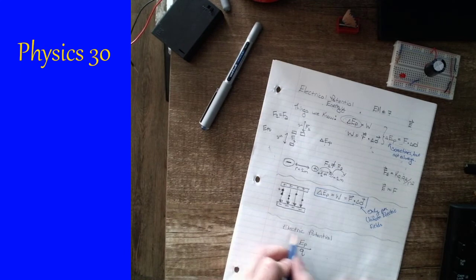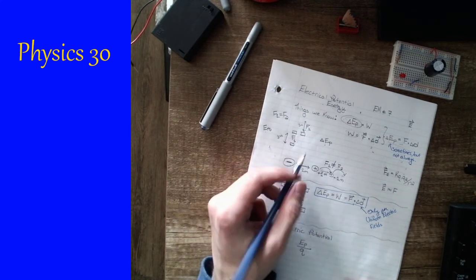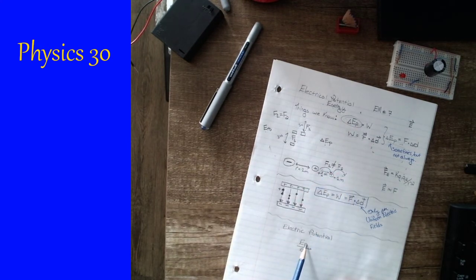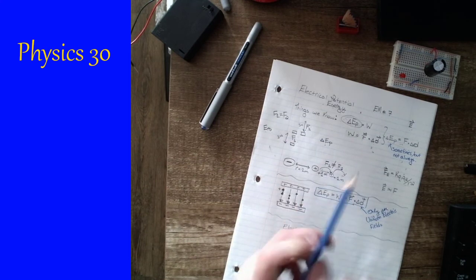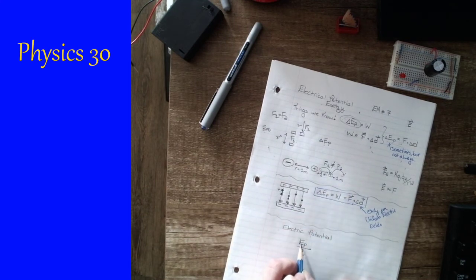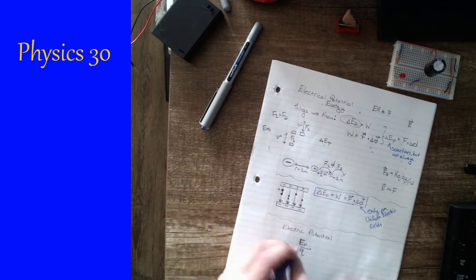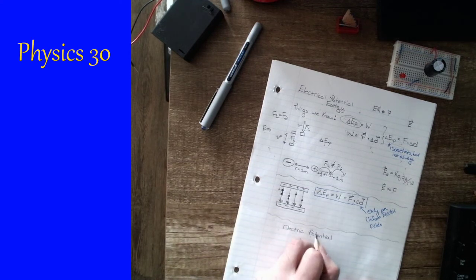And it actually isn't really a delta EP. It's actually just what is the energy at one location, whereas this is what is the energy between two places. This would just be saying what is the energy for that unit of charge at a location. This is the electrical potential.